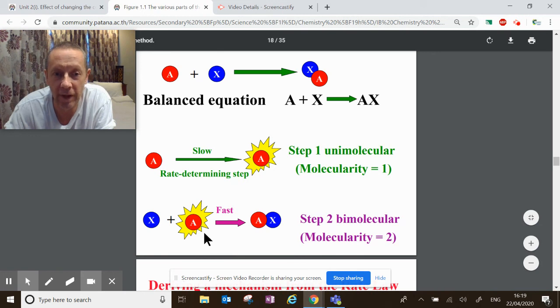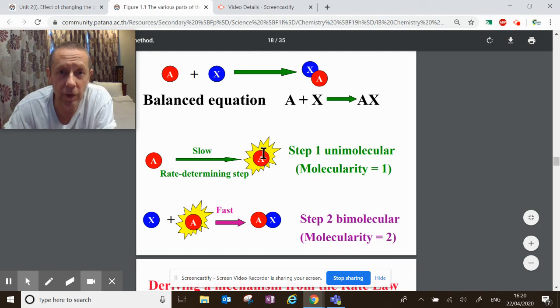Step 2, on the other hand, has two particles or two molecules or two species reacting together in this step. In this case, it's whatever X is, a molecule, and this intermediate substance. So there's two particles reacting. This is described as bimolecular, molecularity 2.